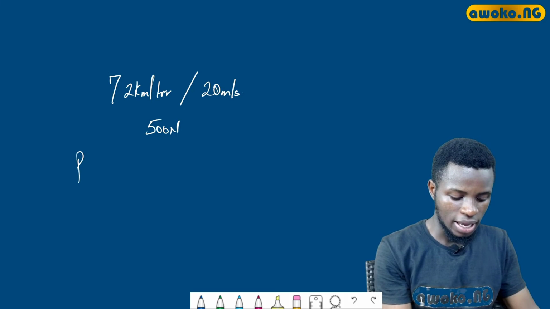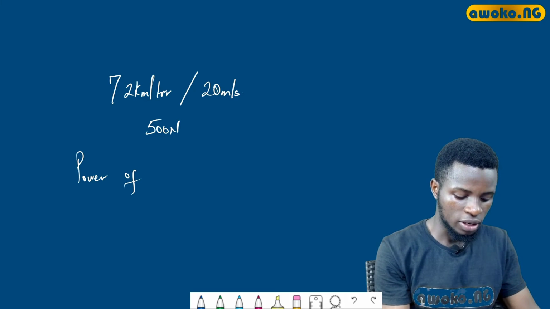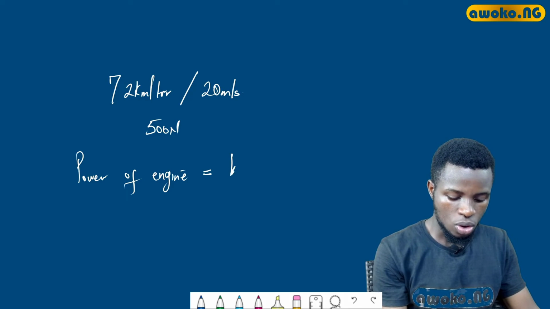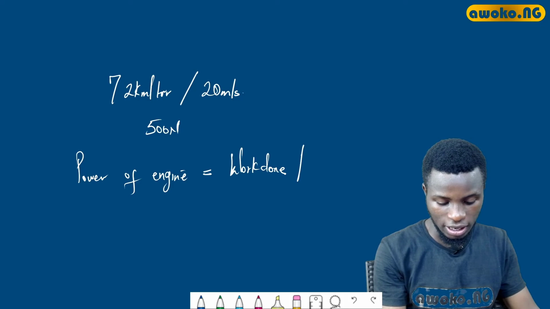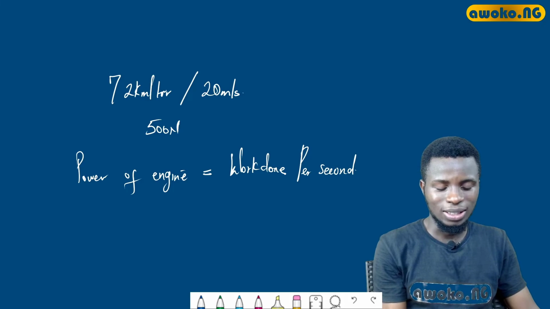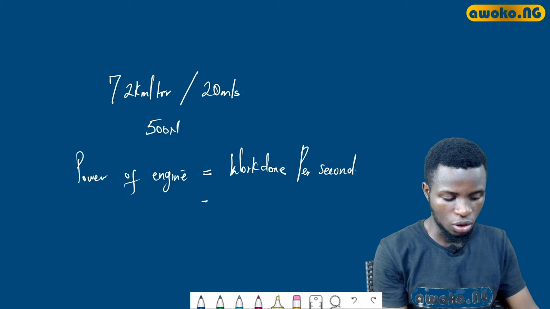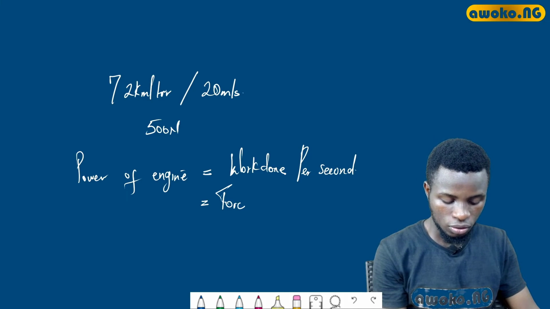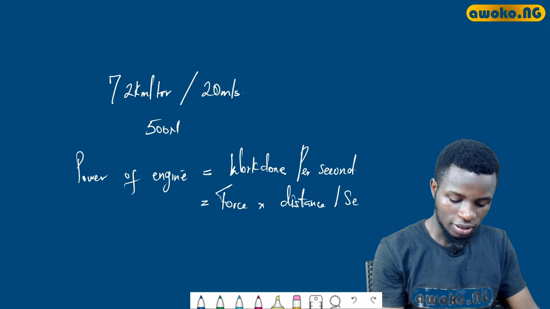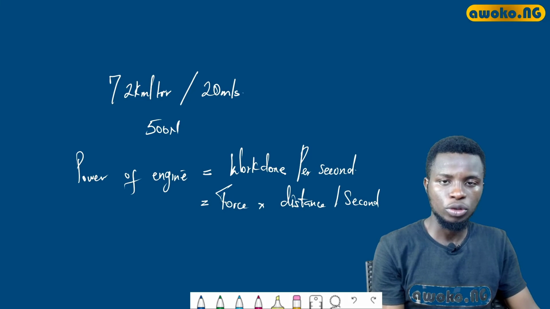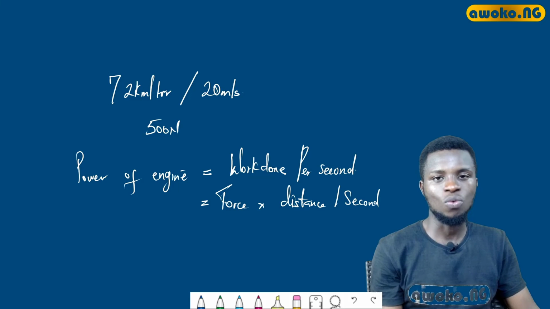Now, we say that the power of the engine will be equal to the work done per second. So what is the work done per second? It is equal to the force times distance per second, that is the force multiplied by the distance covered by that particular car in 1 second.